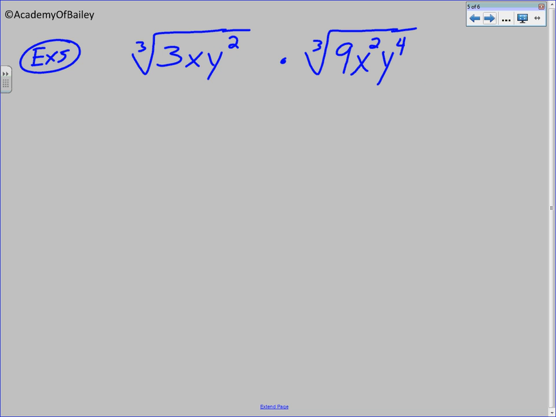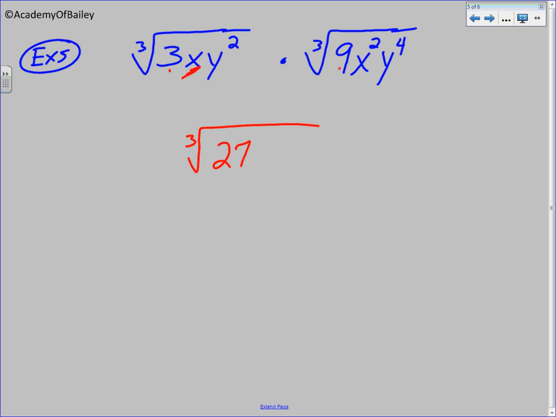And this one here, we just put numbers and variables together. They're both cube roots, which is a good thing. So we know our answer is going to be in a cube root. And 3 times 9 is a fairly simple number to multiply. It's not like 729 like we were working with earlier. 3 times 9 is 27.